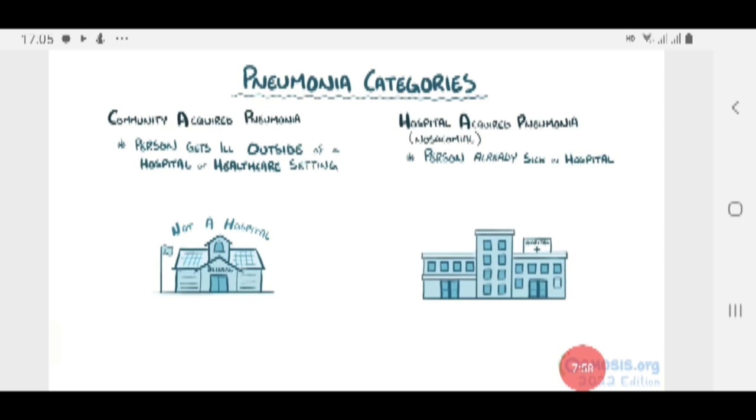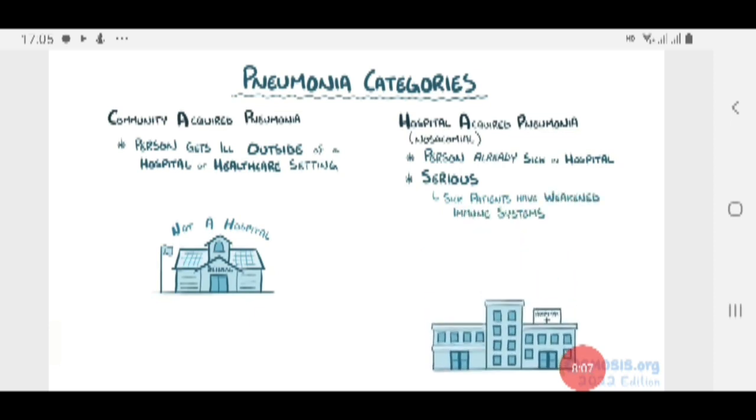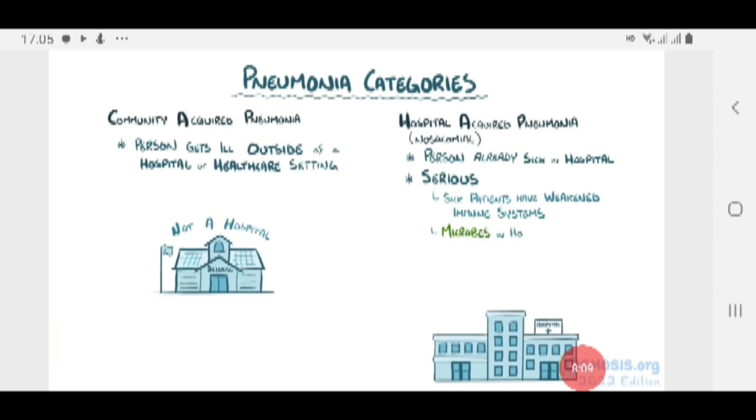This type tends to be more serious because sick patients often have a weakened immune system, and the microbes in hospitals are often resistant to the common antibiotics.